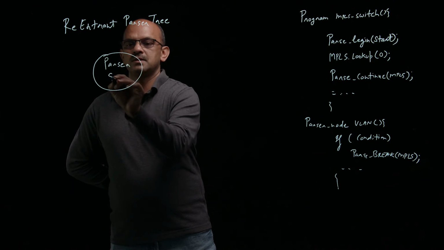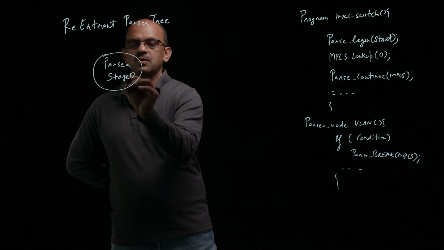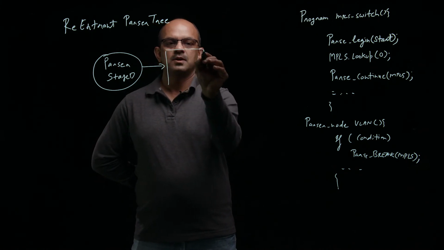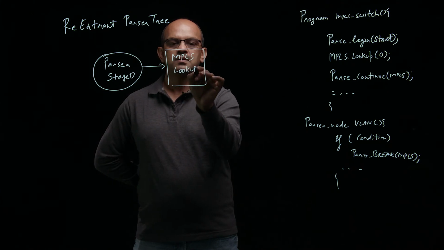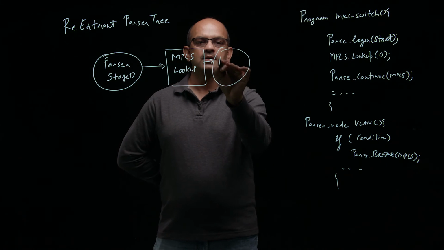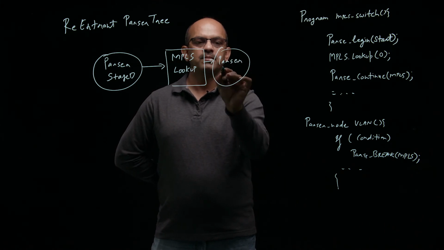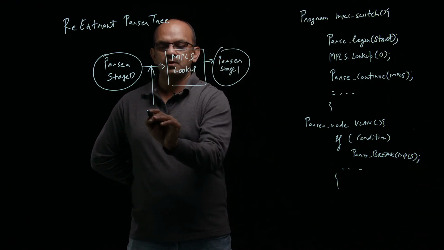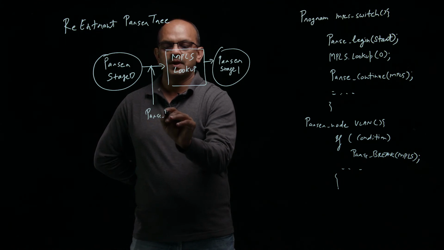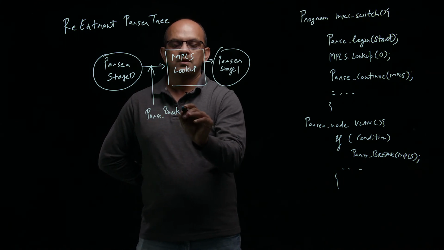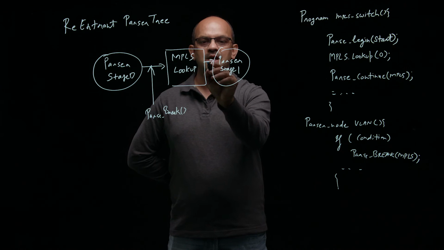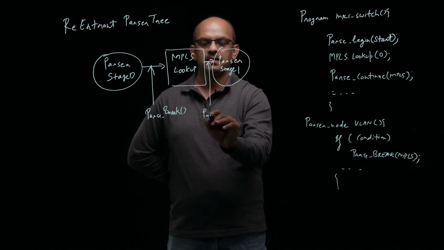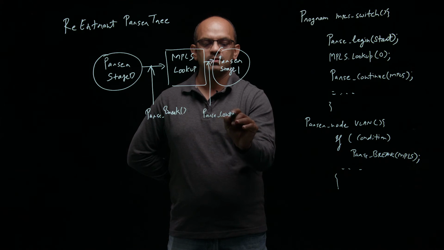Let's say there is a parser stage 0. Thereafter, a user would like to do a table lookup and continue further with parser stage 1. So over here, a user will specify a parse break construct to indicate that the flow has been broken from parsing, and once a lookup has happened, thereafter a user will specify parse continue.